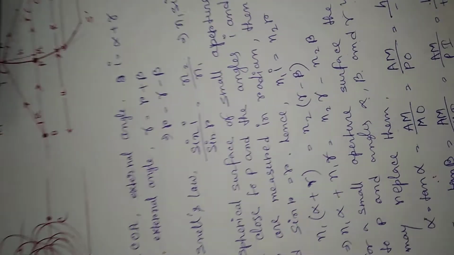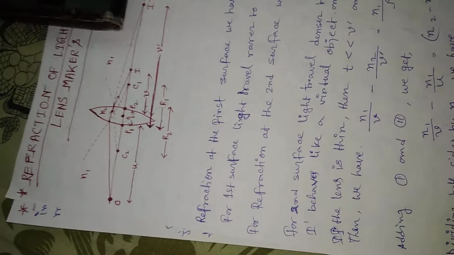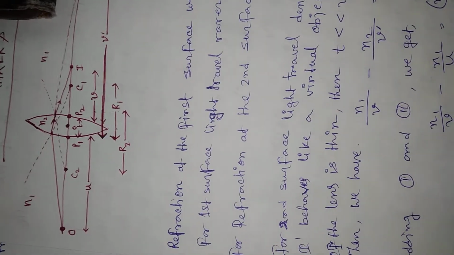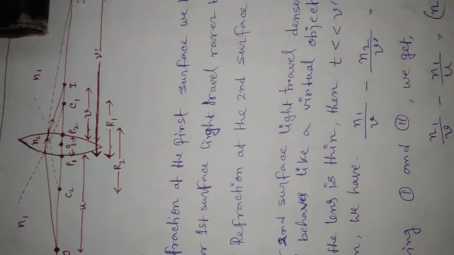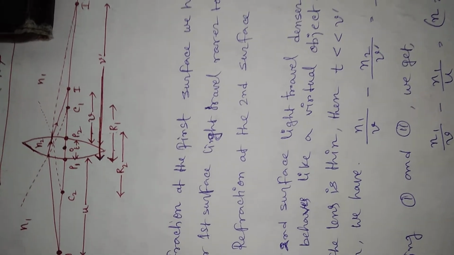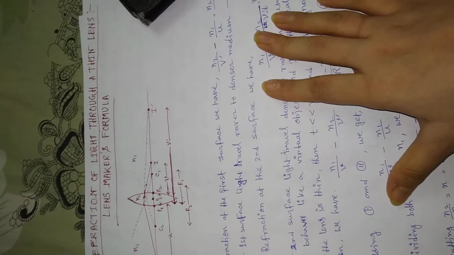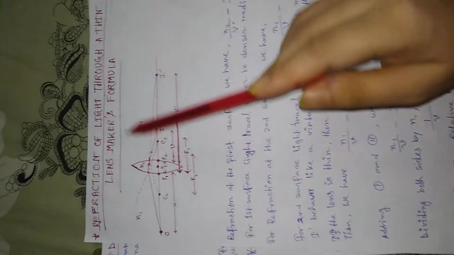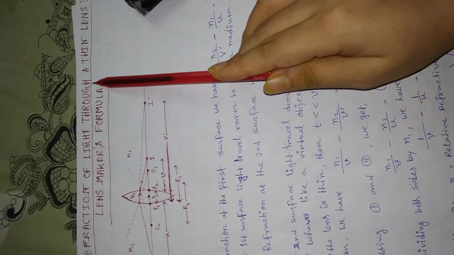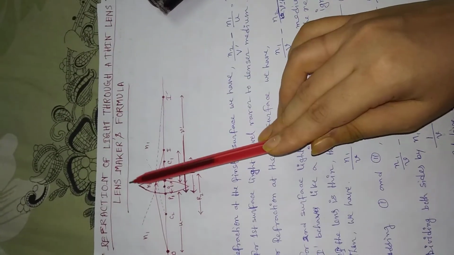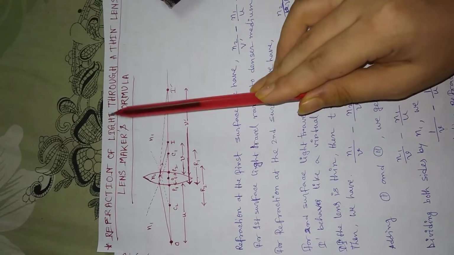Now the second topic is refraction of light through a thin lens, or we can say the Lens-Maker formula.